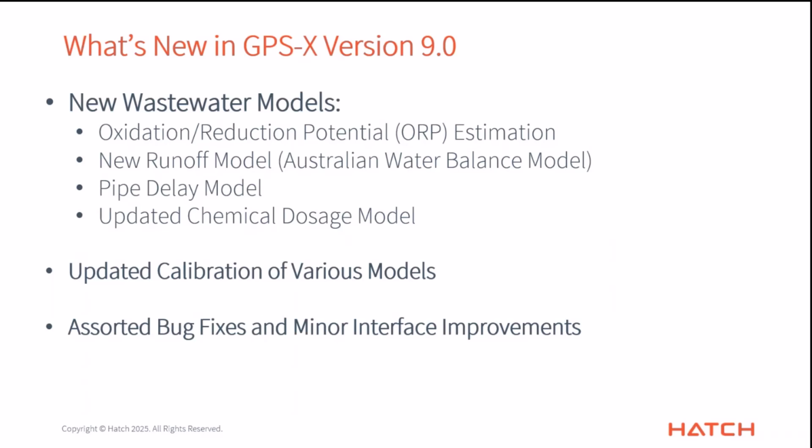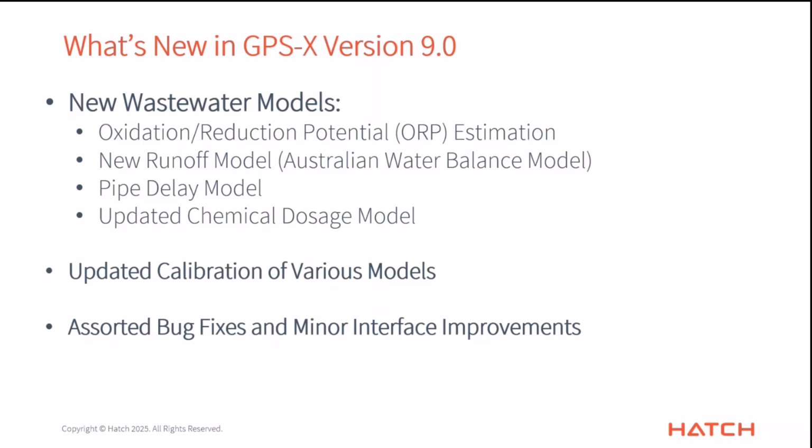In addition to that, we have a number of other features that have updated. We have a new ORP model that is available. So any place on your drawing board, you can calculate what the ORP would be at that point. A new runoff model, the Australian water balance model, is there to mimic a rainfall on a watershed and a surge of flow to the plant after a rain event.